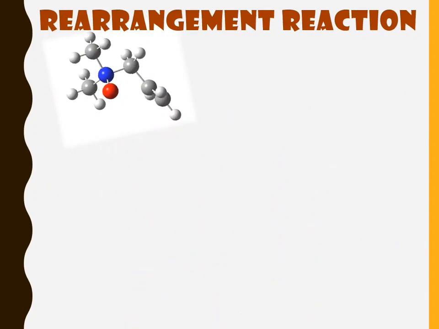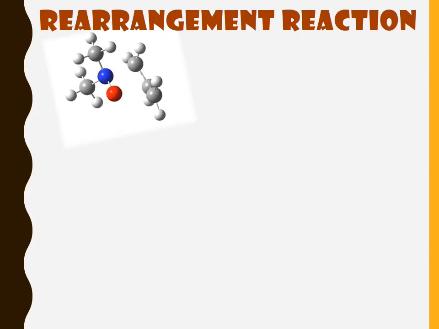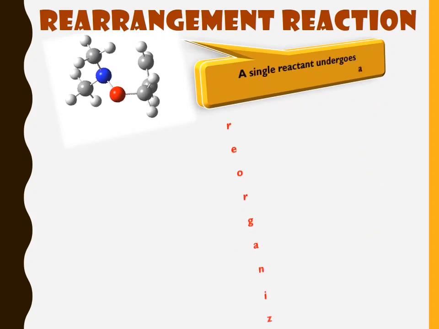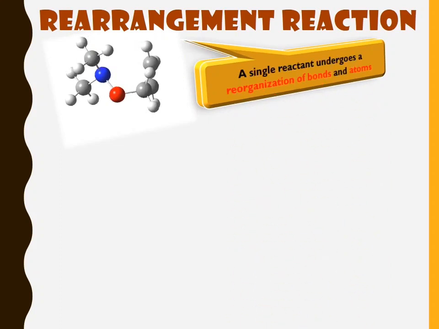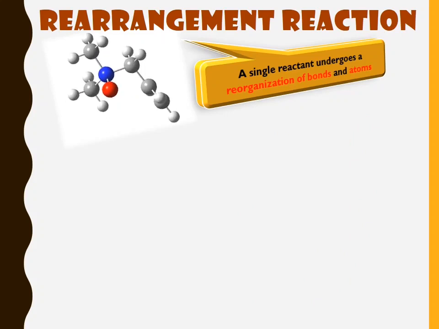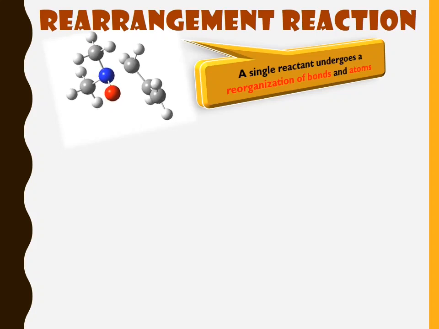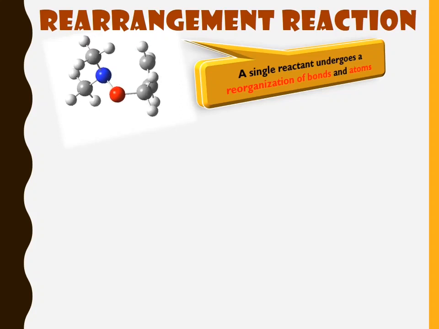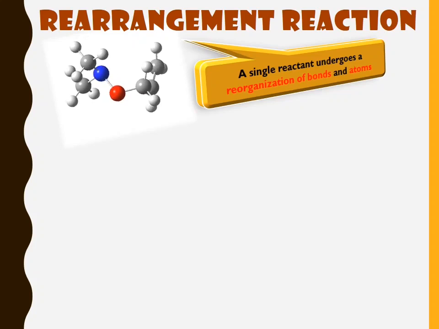Okay, so this is the last part of reaction, which is rearrangement reaction. For rearrangement reaction, a single reactant undergoes a reorganization of bond and atom. It means that we are going to rearrange one compound to become another new compound. How? I'll show you the example. For example, the class of compound is alkene.